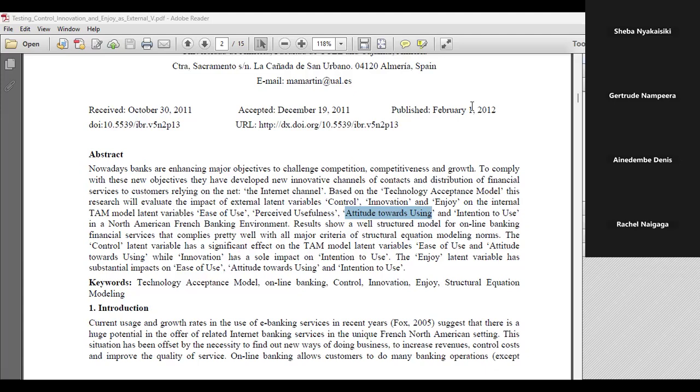So a quantitative approach would make much more sense because you would want to have those figures.